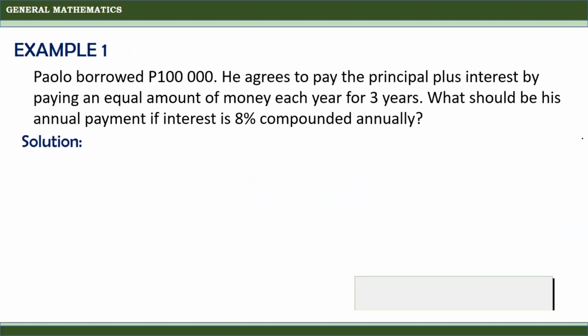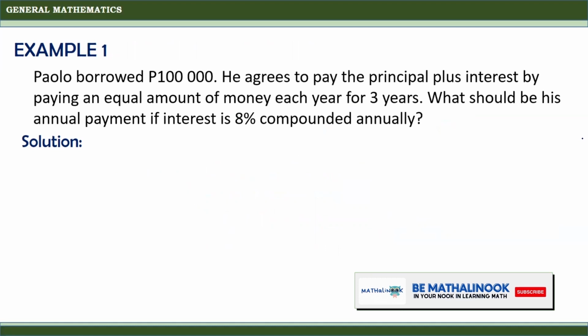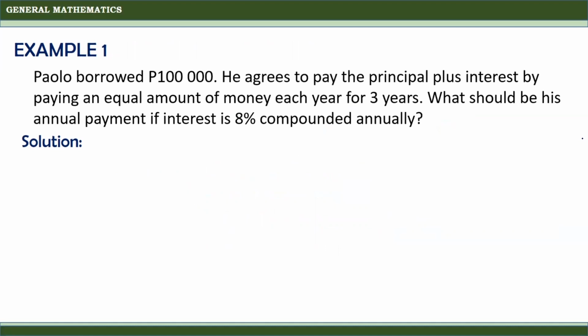Paulo borrowed 100,000 pesos. He agrees to pay the principal plus interest by paying an equal amount of money each year for 3 years. What should be his annual payment if interest is 8% compounded annually? Based on the problem, we have the following given. Since Paulo borrowed 100,000 pesos, it means that P is equal to 100,000.